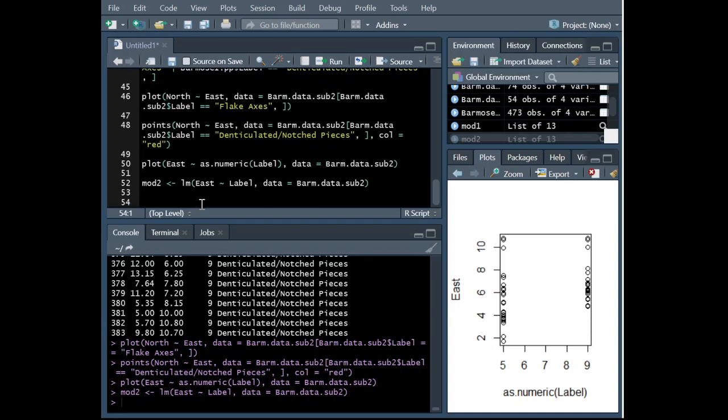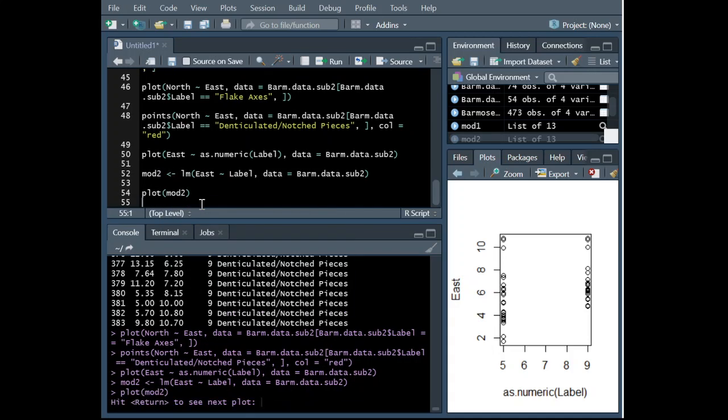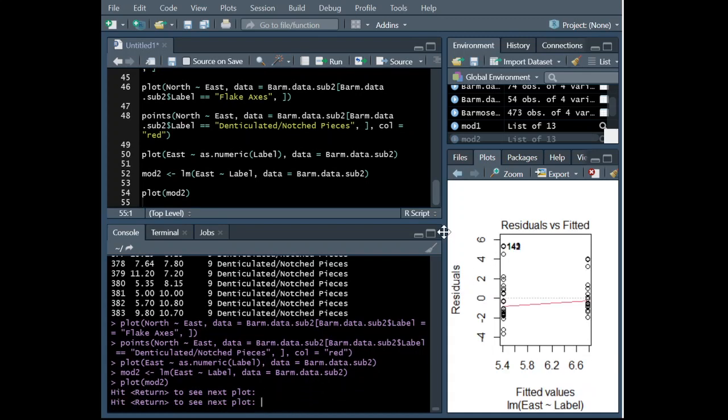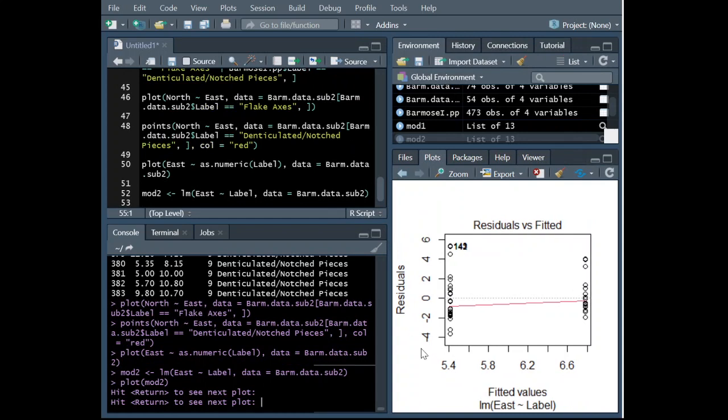And if we run this, we now have our model. Now again, before we proceed with exploring what this model means and how to interpret it, we need to run the diagnostic plots and make sure that everything looks good. So if we plot mod 2 and run that, now we go down to the R console and hit enter, and that brings up the first plot. Our residuals, that red line should follow that dotted line horizontally.